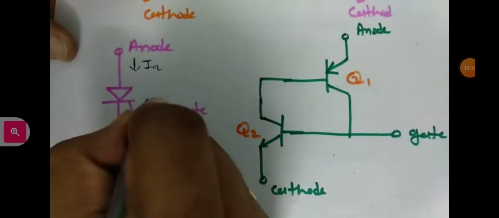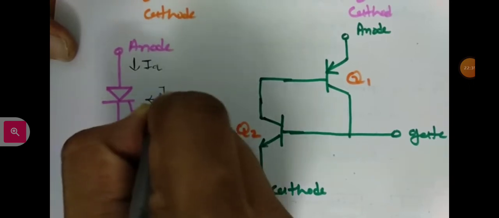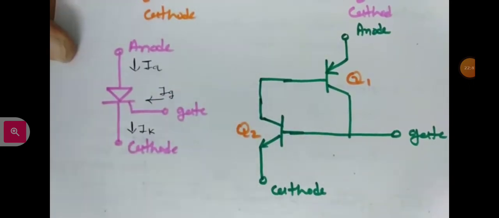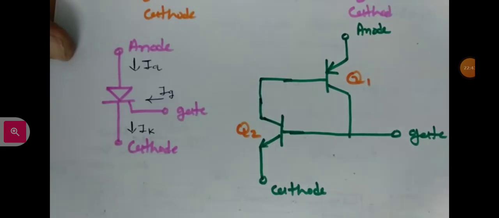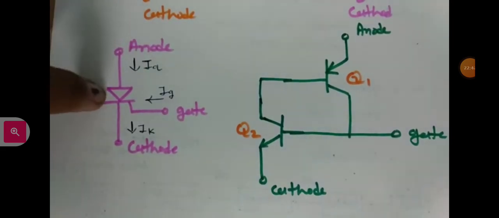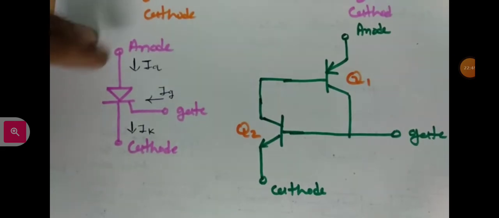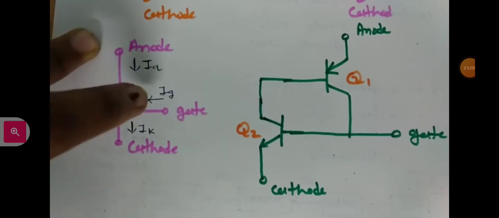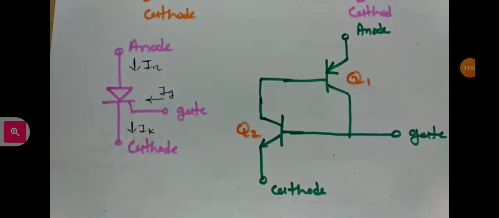The gate current that is inserted over here is IG. As discussed earlier, based on the gate current the device can be triggered, and once triggered, anode to cathode current will flow and it will act as a switch. So the switch operation is purely based on controlling the gate current.